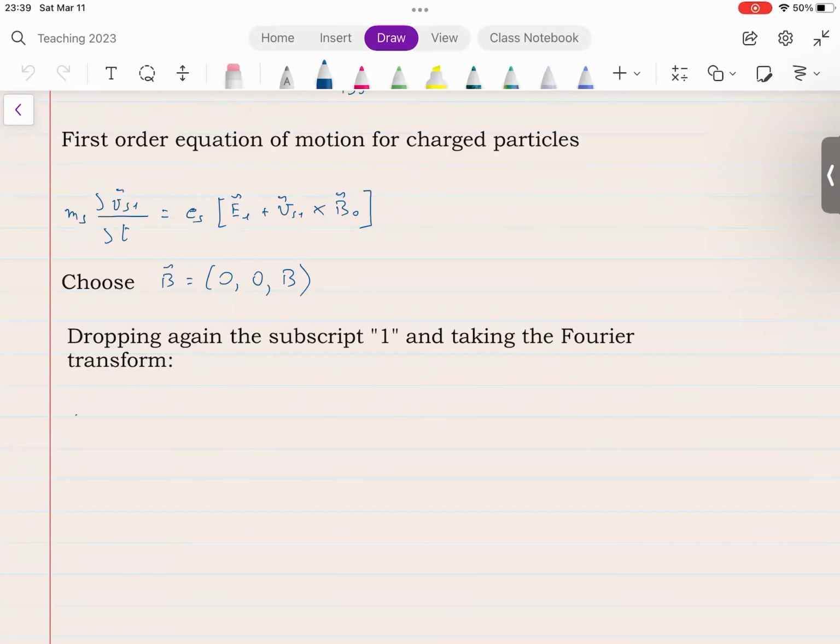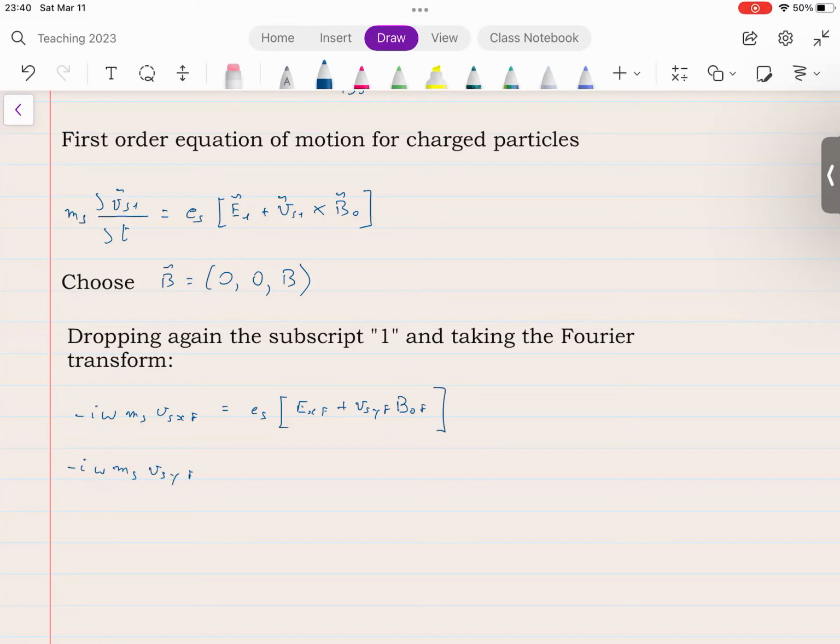Okay, I'm going to have minus i omega m_s v_s x Fourier transform equal to e_s times E_x Fourier transform, plus in the x direction I'm going to have v_sy Fourier transform times B0.